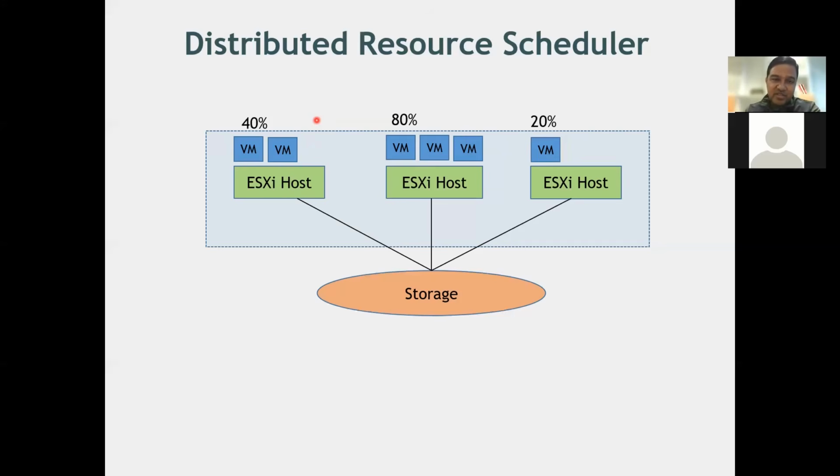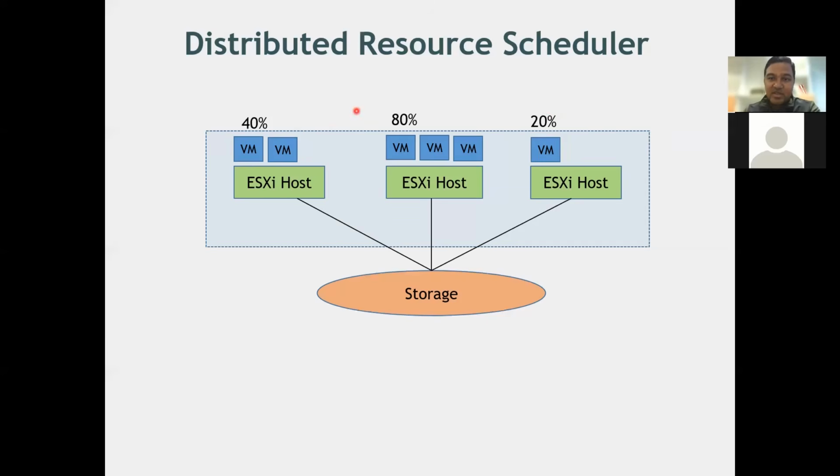The load of one VM may not be 1%, but since it is automated, it tries to move one VM from here to here. Then the load here will increase to 52%, and it will again try to move it back. So it keeps on moving from here to there, and that is going to cause a performance issue.